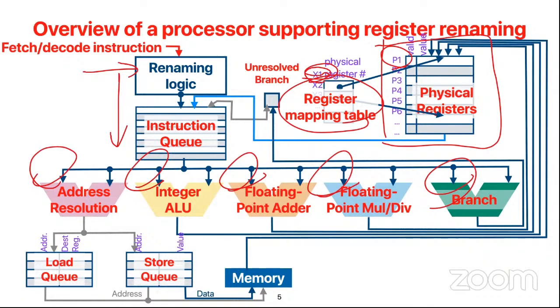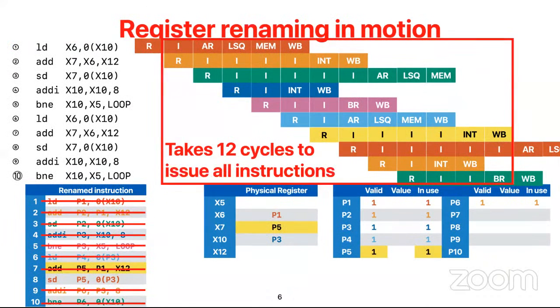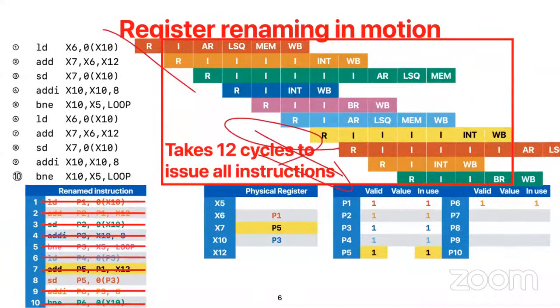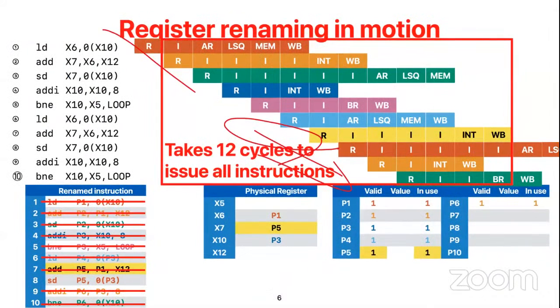With register renaming, you will see that for the same sequence of instructions, we don't have the issue of fighting for reservation stations. However, even with register renaming hardware, we have 10 instructions and we still have to spend 12 cycles to issue all of them.